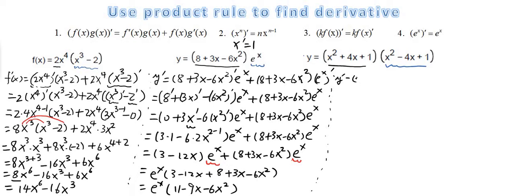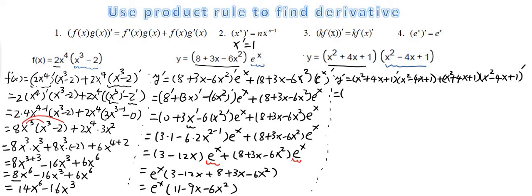That should be the derivative of the first function times the second function, plus the first function times the derivative of the second function. Okay, now we can simplify it.